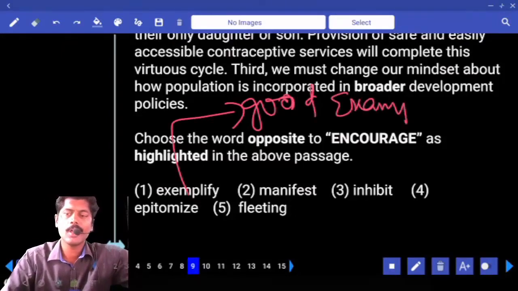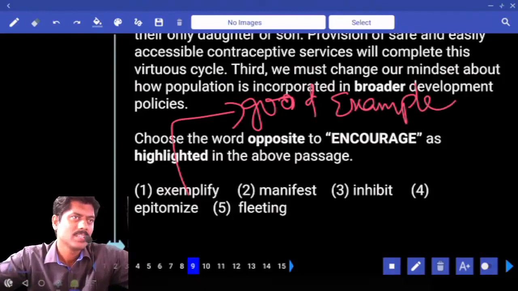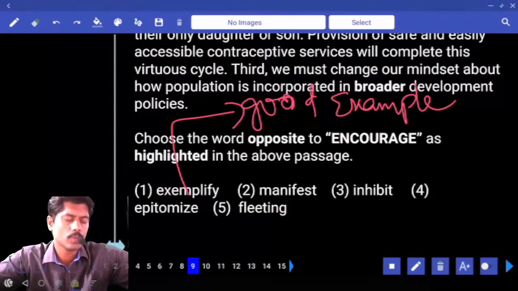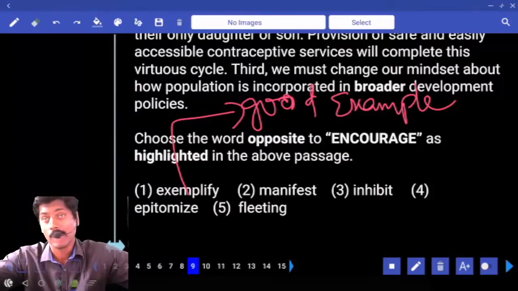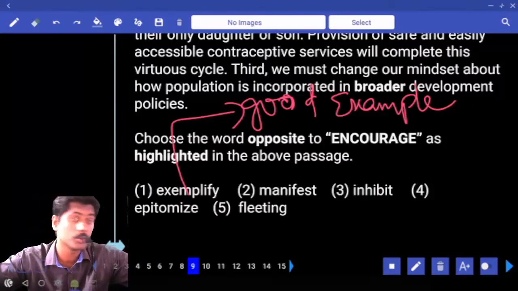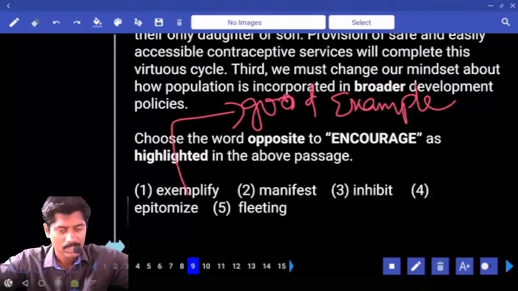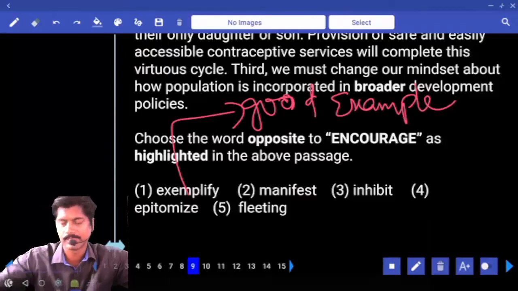If you get a job, your job exemplifies success. Your job is equal to success. It is a good example. You need not tell, I am great, I did that, I studied a lot, I struggled a lot. You get a job, that's it. Your success will speak. Yes, the job is the exemplification of success.